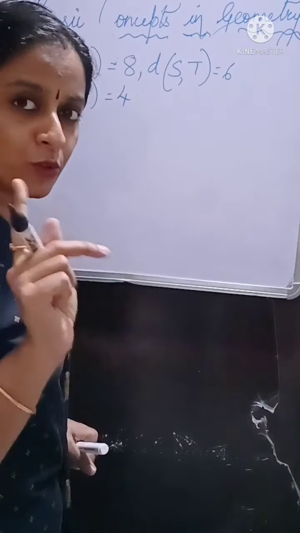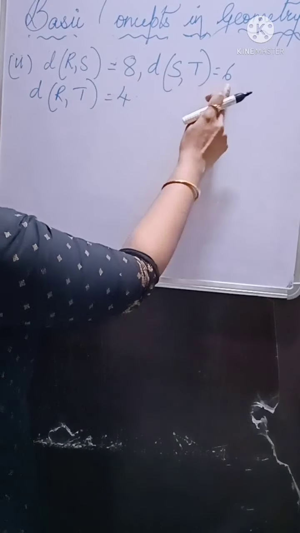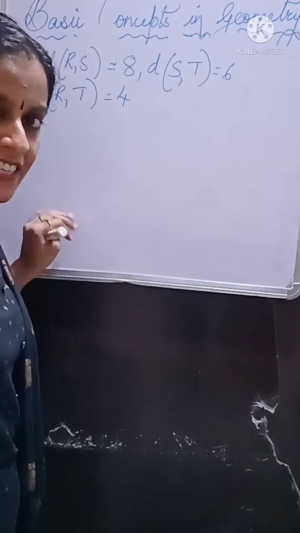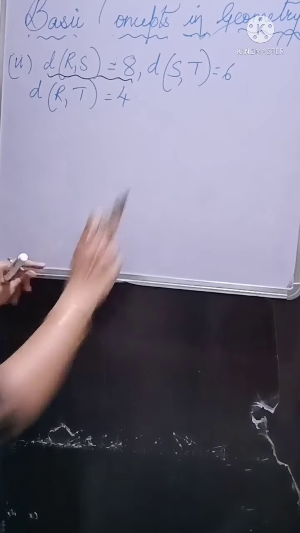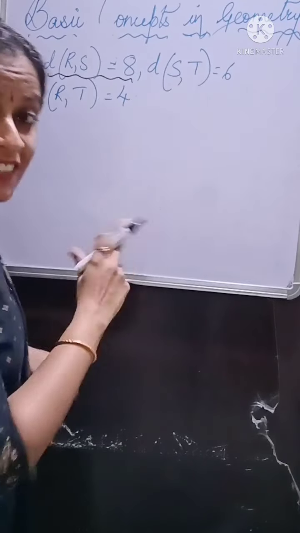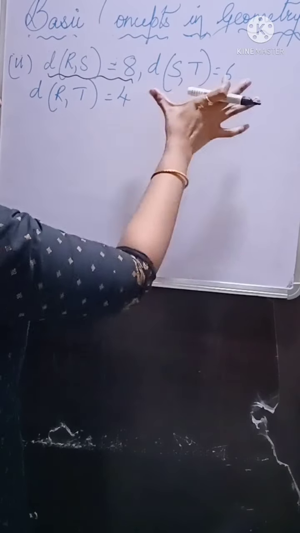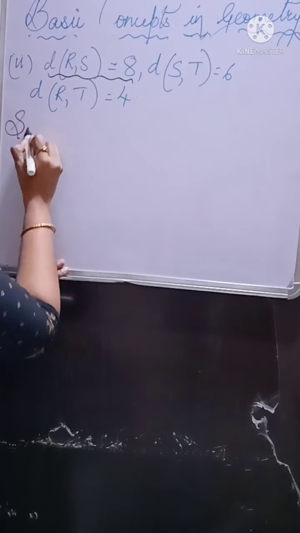What I told you, how to do this sum? 8, 6 and 4. Which is the greatest number? 8. So you will not touch this. Add the other two distances, write the solution.